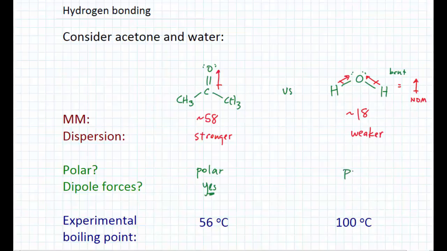Water's polarity is one of its most important properties. Okay? So if dispersion and dipole-dipole forces were the only thing here, the dipole-dipole forces don't tell us much because they're both polar. Okay? Dispersion forces might lead us to think that acetone would be higher boiling. Okay? But look at the actual boiling points. Acetone 56, water is 100.